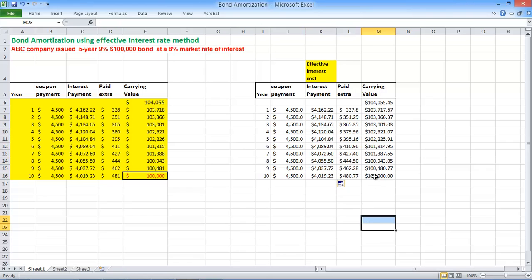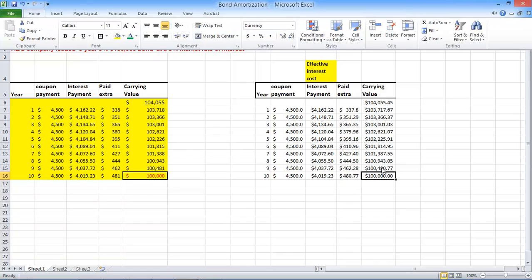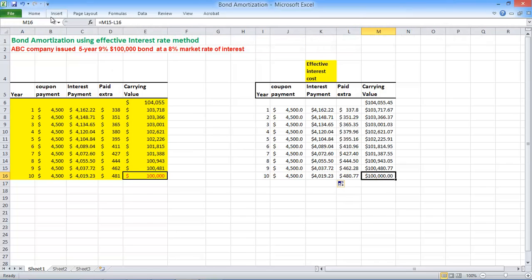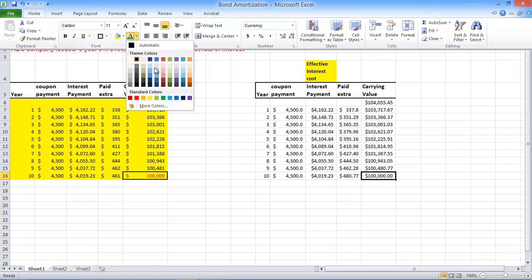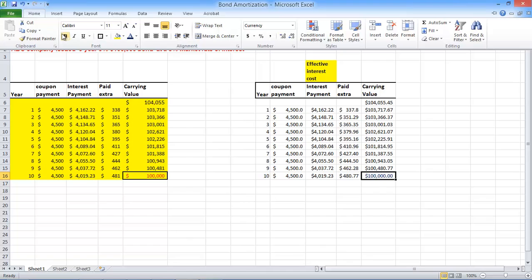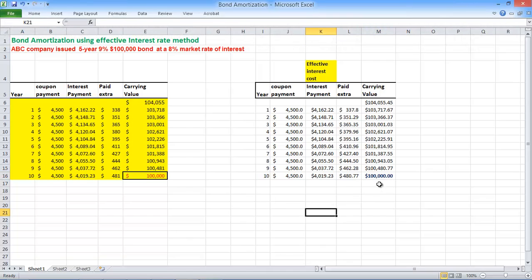Let's drag this and see some interesting results. Now let's discuss what we have over here. What happened? At the end of year 10, this comes off the book. This was on our balance sheet as an asset.